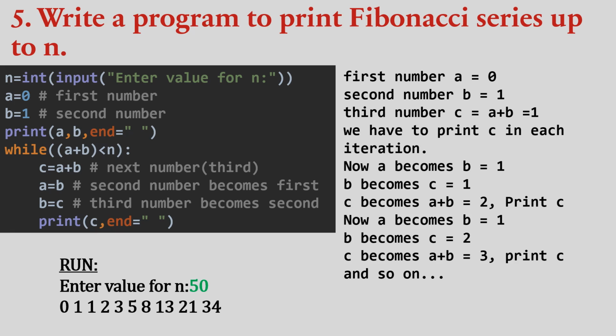Now you have to print c. Now again the next iteration, a becomes b, that is 1, and b becomes c, which is 2. Now c becomes a plus b, that is 3. Then you have to print c. Like this, you have to go on printing till the number that you have given.